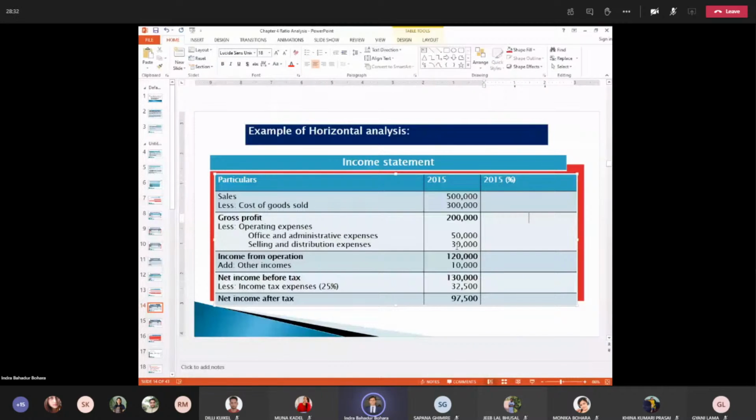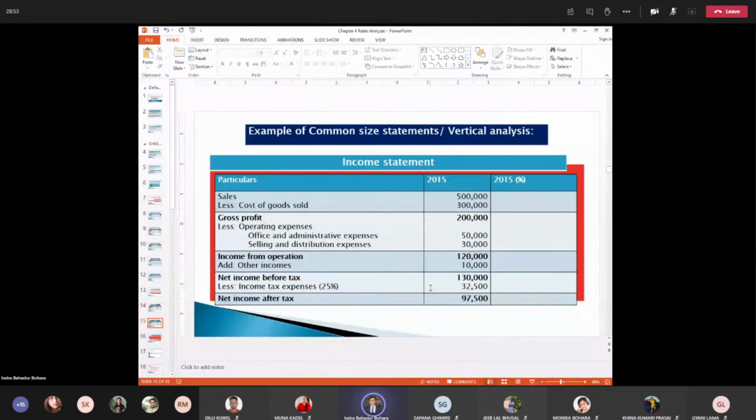Office and administration and each and every component of the financial statements are assumed as 100%. Then the percentages for the other periods are calculated for different headings, assuming 100% for each component of 2015. After that, we'll discuss ratio analysis.